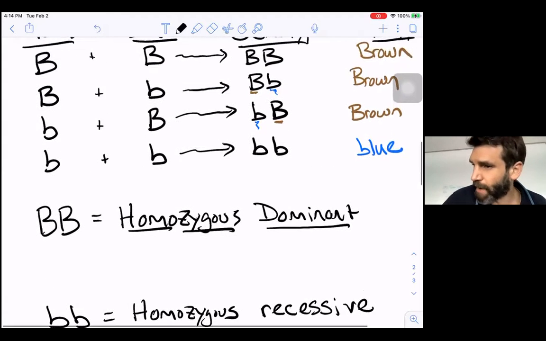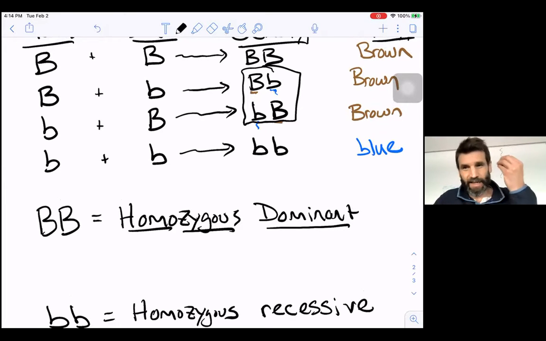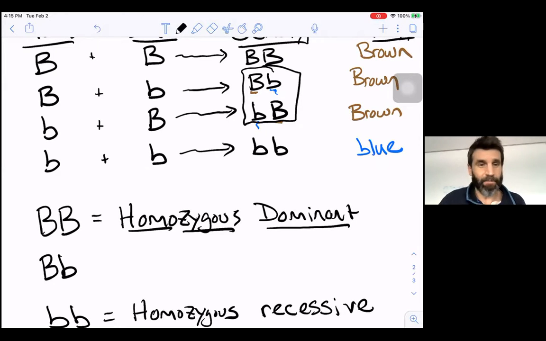And the next one is we put big B, little b, and little b, big B into the same category, because your genetics doesn't care in this case if you got the blue version from mom and the brown version from dad or vice versa. Your eyes are going to be brown. So we always write this one as big B, little b.